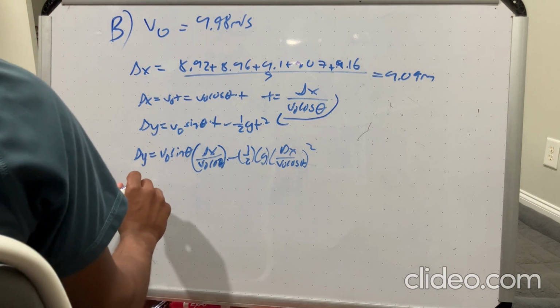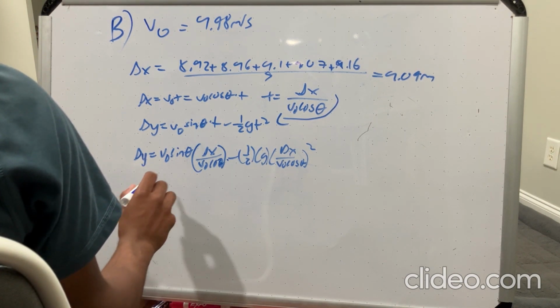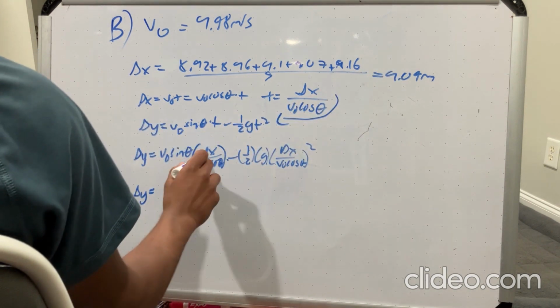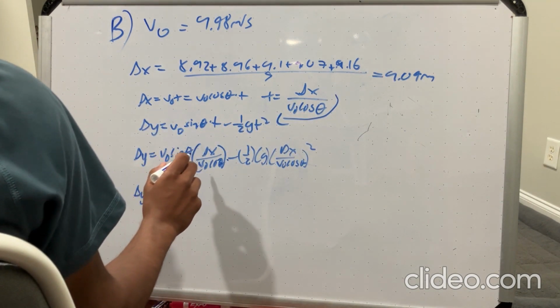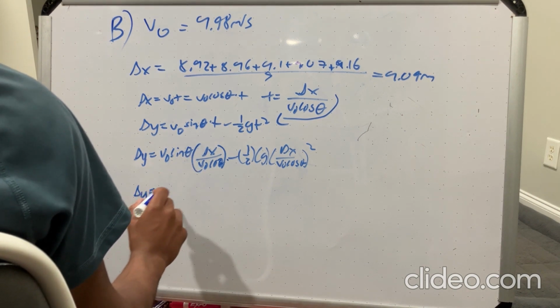Oh, that's gonna be a lot of numbers. And then we plug this value in here, and our theta of 40, which is given to us.